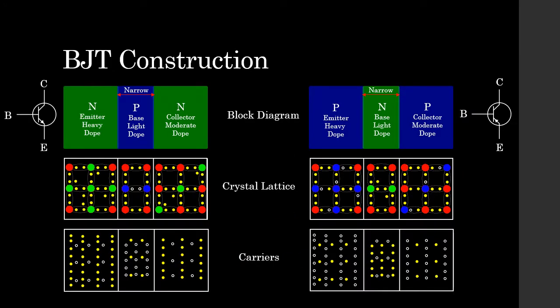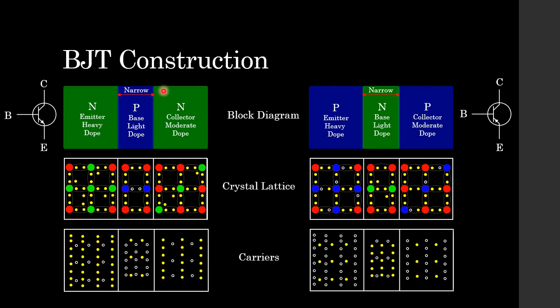And we can see that when we take a look at the actual construction of the bipolar junction transistor. So starting at the top, students, we're going to look at the block diagram, which we've already looked at. And one thing to note is the doping and the width of our base. So if we look at the doping, the emitter in either the PNP or the NPN transistor is always heavily doped.